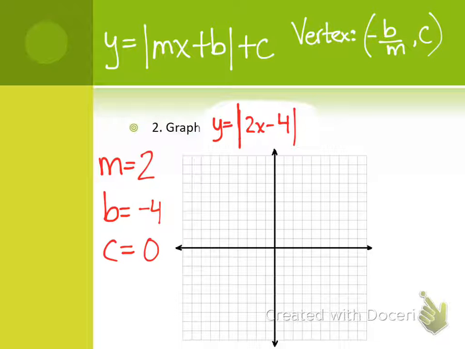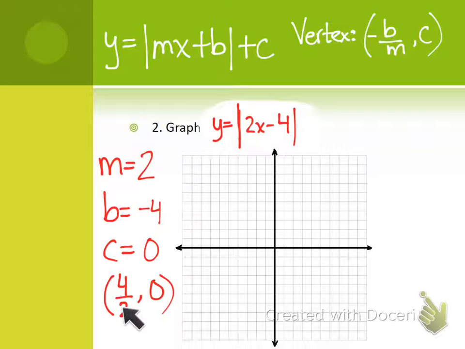Okay. In order to find our vertex, we take negative B over M, comma, C. So I'm going to do that down here. Negative B, or the opposite of B. B is already negative, so a negative times a negative turns it positive. So that turns it into a positive 4 over M is a positive 2, comma, C is 0 again on this one.